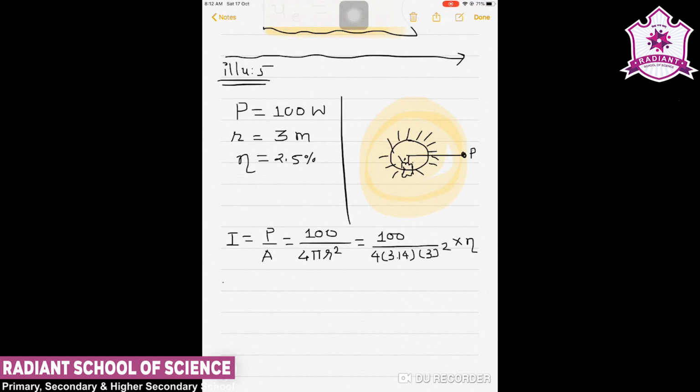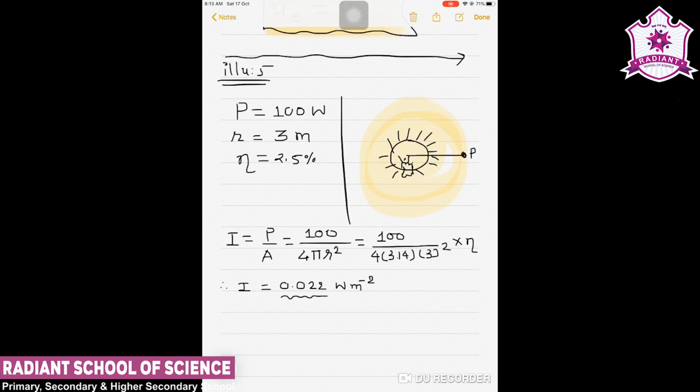So ultimately the intensity will come out to be 0.022 watt per meter square. So that is the first result, that is the intensity.